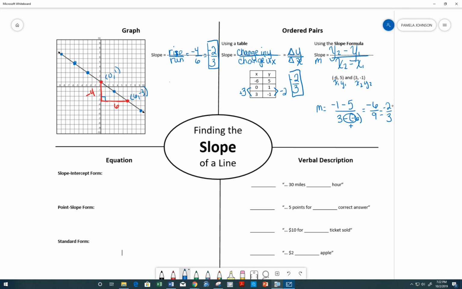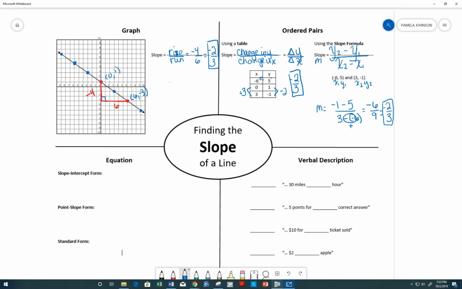Okay. So these are probably the forms you're most used to seeing when we talk about finding slope. For those of you that might get confused if there's too many negatives going on in the slope formula, you can always just put those points into a table. Okay? If you notice, the -6, 5 is right here.